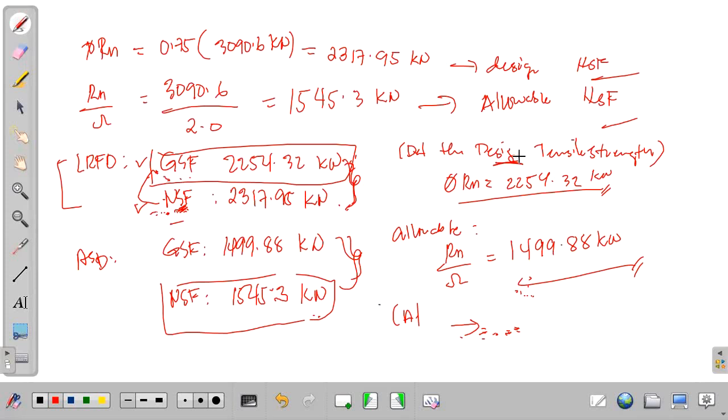So, kailangan nating kunin yung mag-govern na design tensile strength is the lower value of these two. Para okay siya sa gross section, okay din siya sa net section. Kung ano yung mas mababang value, yun yung mag-govern for the tensile strength, either pagka-design or allowable yung hinahanap.